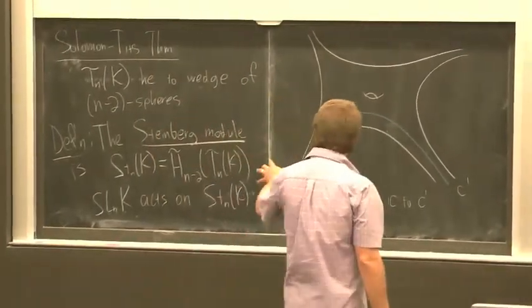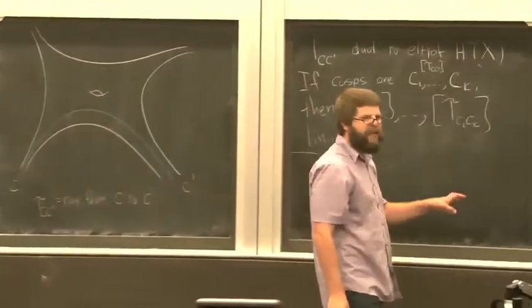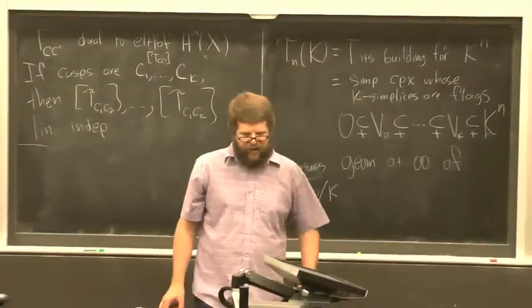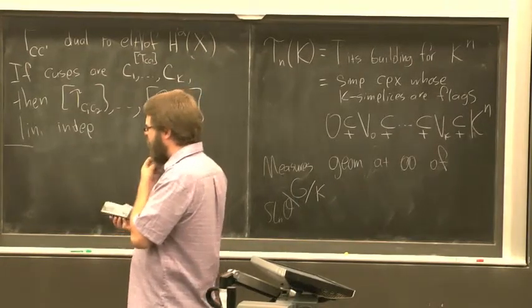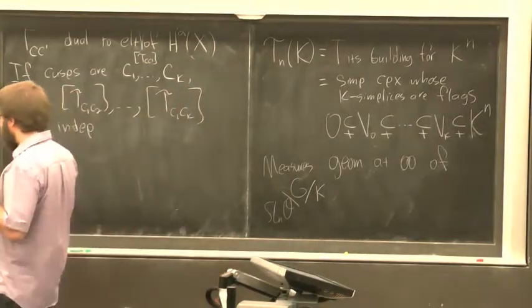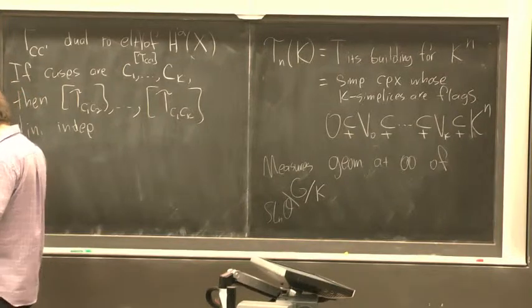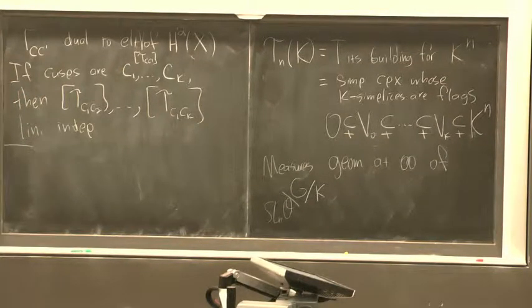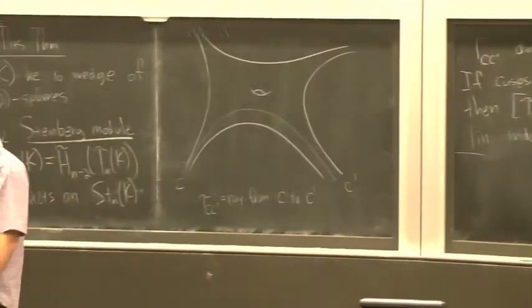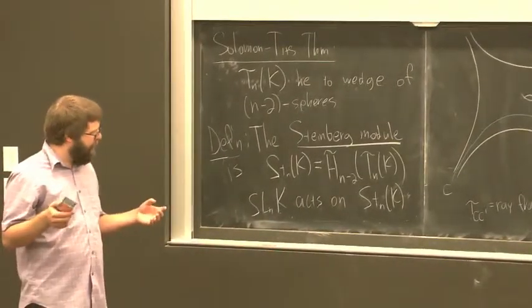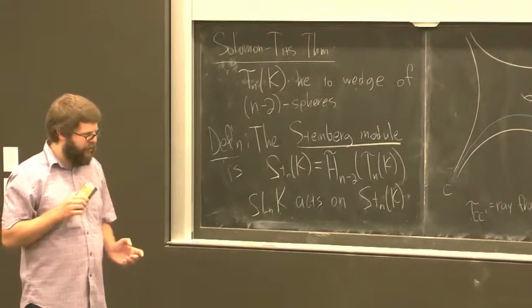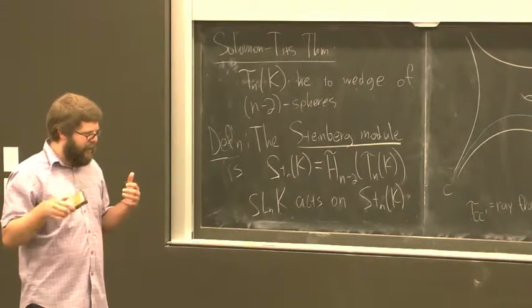So I said that this has something to do with the geometry at infinity. So what's the topological content of that? If this locally symmetric space were a compact manifold, then it would satisfy Poincaré duality. But it's not compact. It has cusps. It has stuff going on at infinity. But if you chopped off those cusps, then you would get a manifold with boundary.